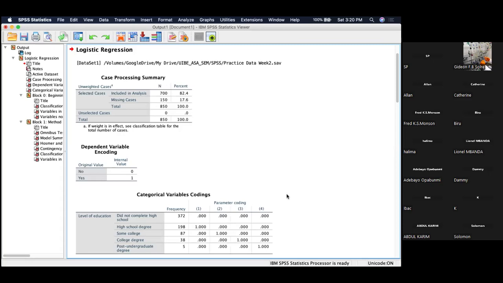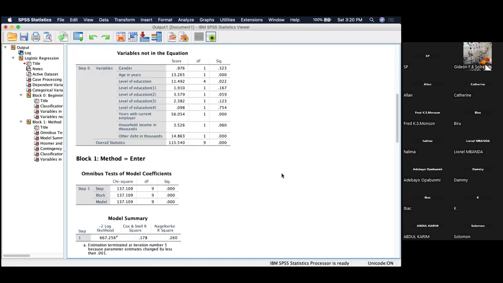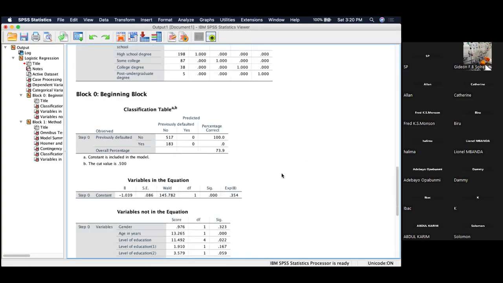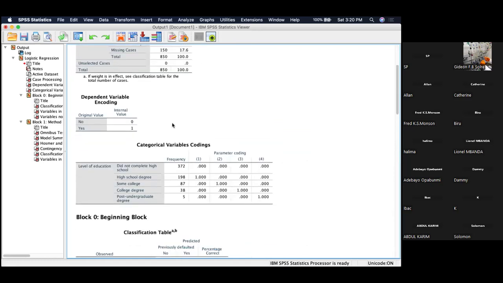So now, for the last section of today's training program, we'll be focusing on how to explain the outcomes because you have quite a lot of them. The dependent variable encoding is how you've coded your dependent variable.